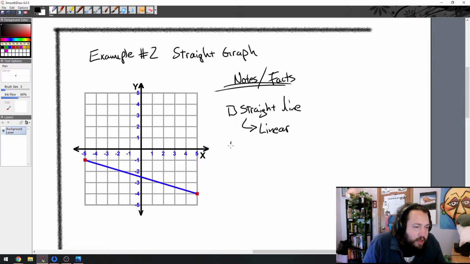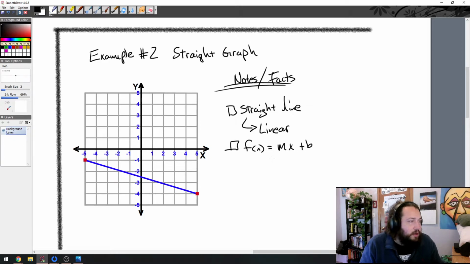We know that a linear graph follows f of x equals mx plus b, where my m is reported as my slope and the b is my y-intercept.